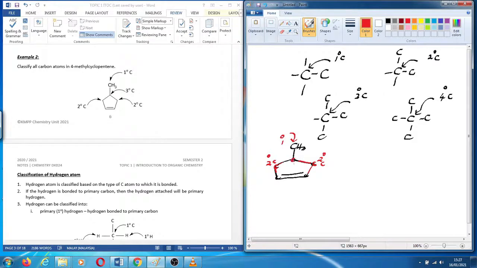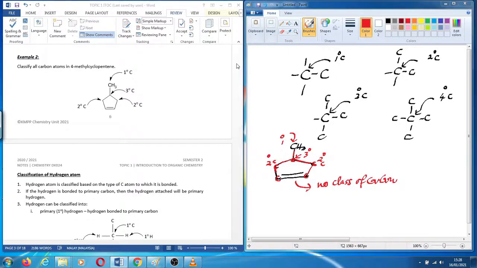And C here, how many carbon is attached to it? 1, 2, 3, thereby this will be tertiary carbon. And what about this? This carbon is attached to double bond. This carbon also is attached to double bond, thereby here no class of carbon because it is attached to double bond or triple bond. That is how we classify the carbon atom.